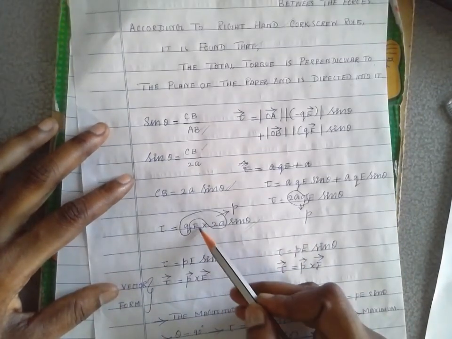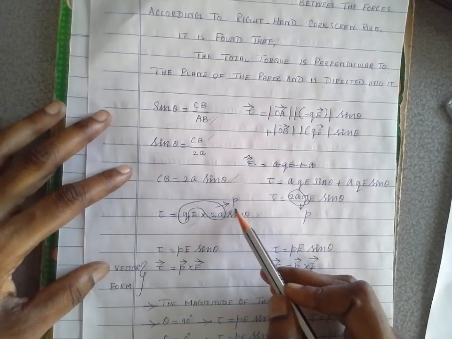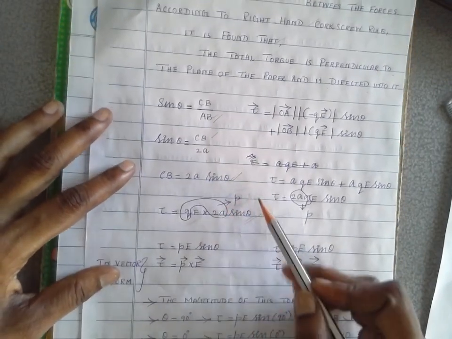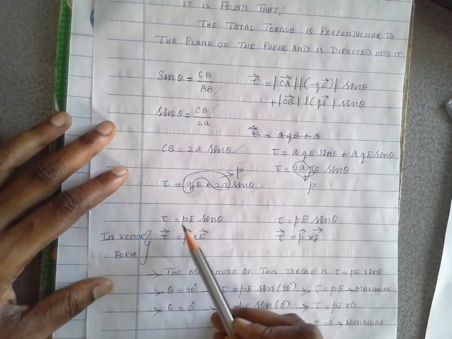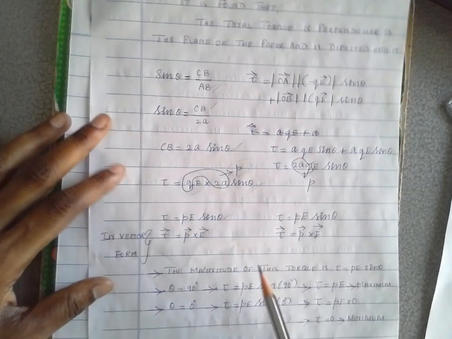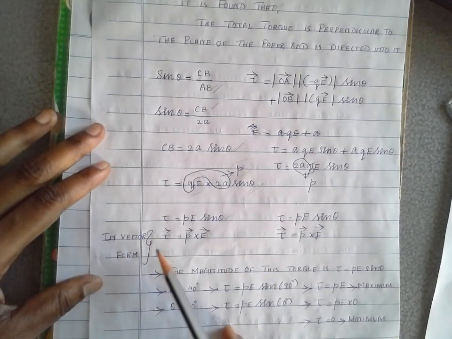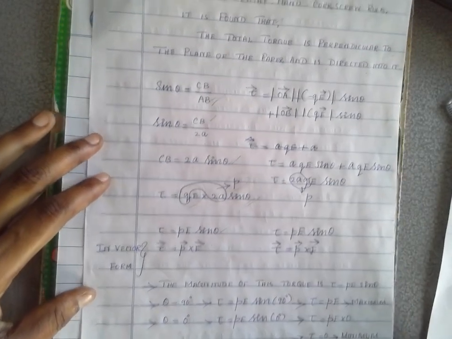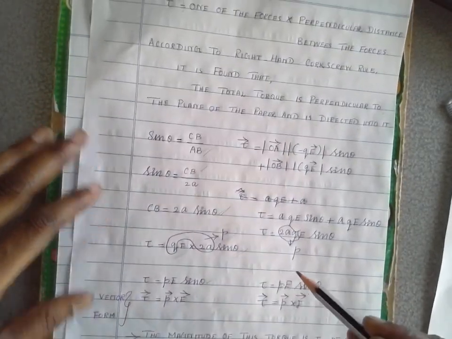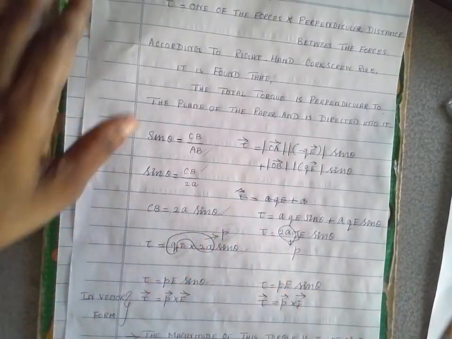Here q into 2a is nothing but the dipole moment. Therefore the expression is rewritten as tau is equal to pE sin theta. In vector form, tau vector is equal to p vector cross E vector.